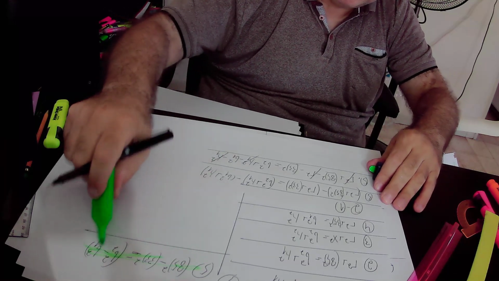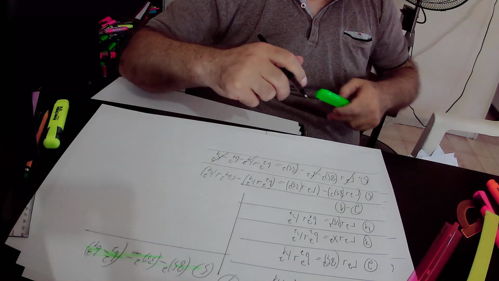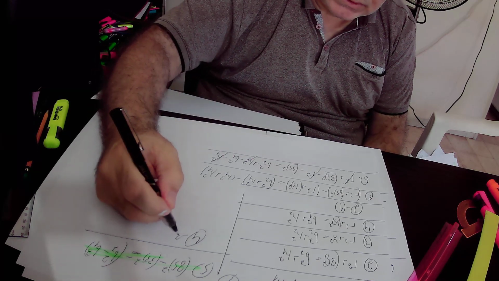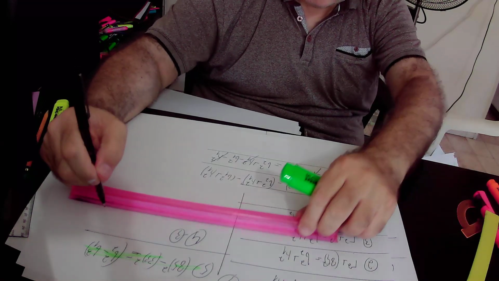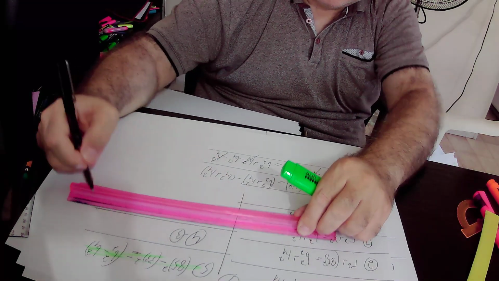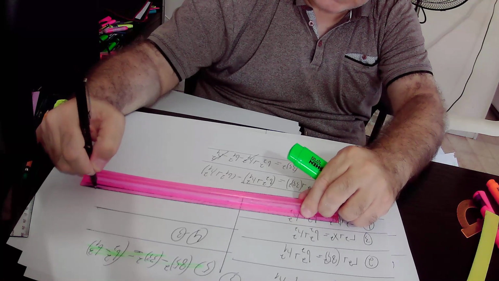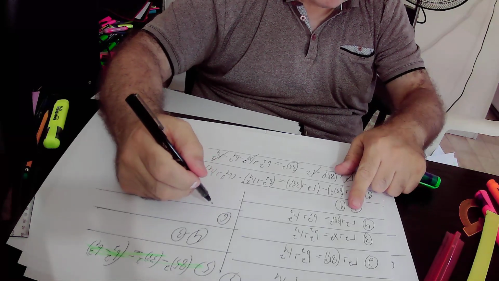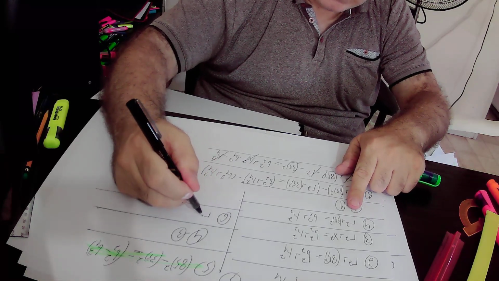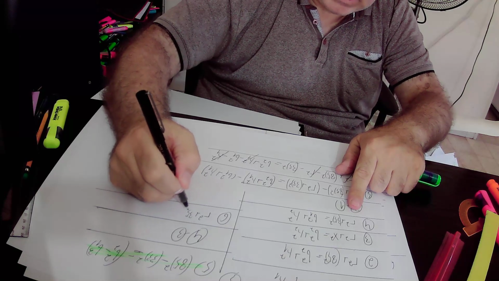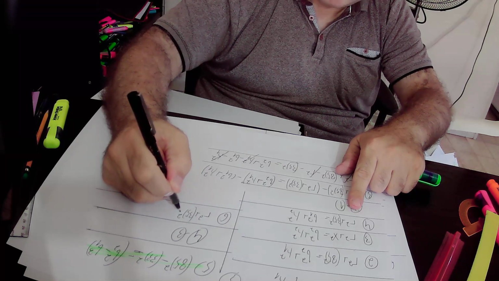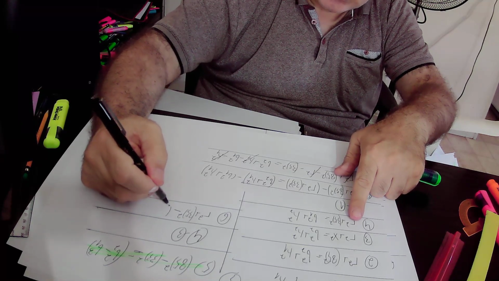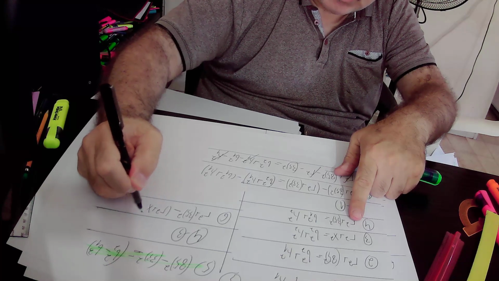In the next step, we'll subtract equation number 4 from equation number 3. Equation number 4 from equation number 3. And we get here, and this will be equation number 6. Here, equation number 3, we have R square plus 35 square minus equation number 3, we have R square plus X square.